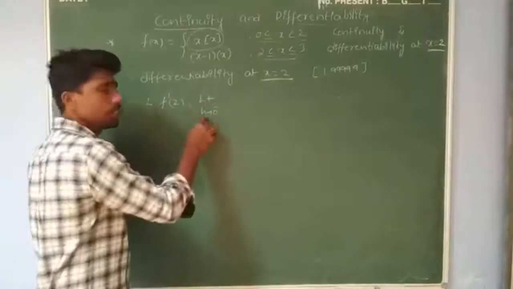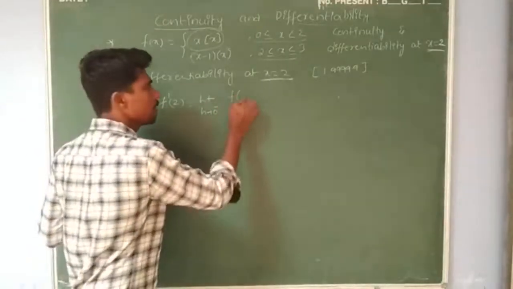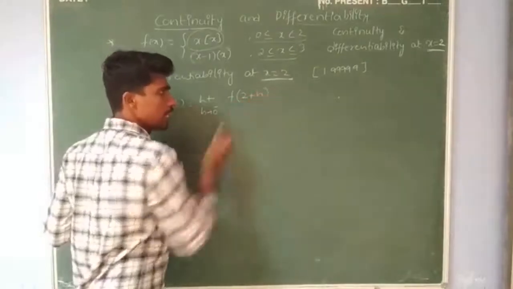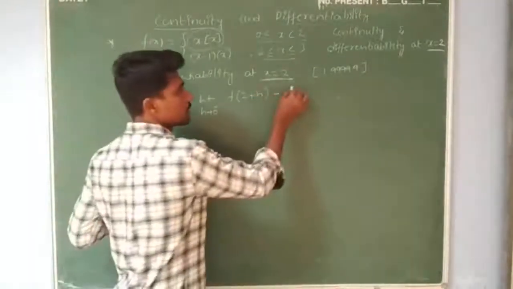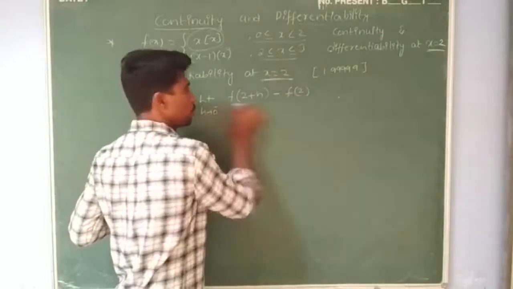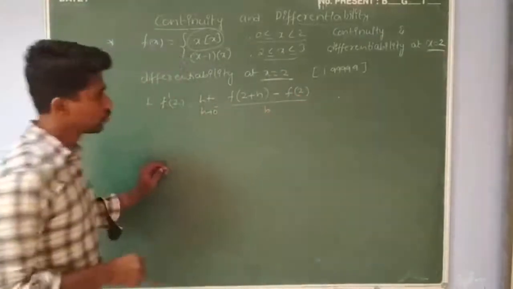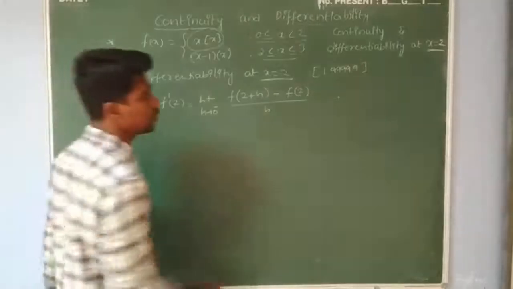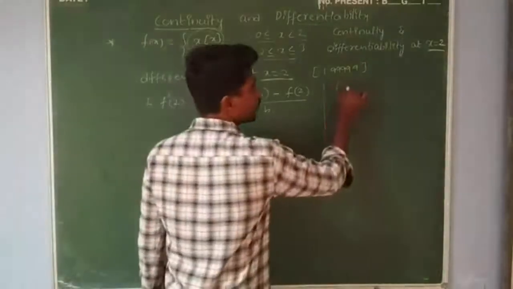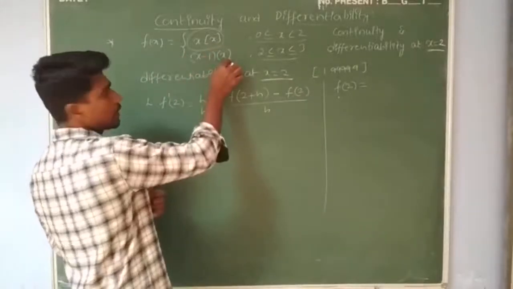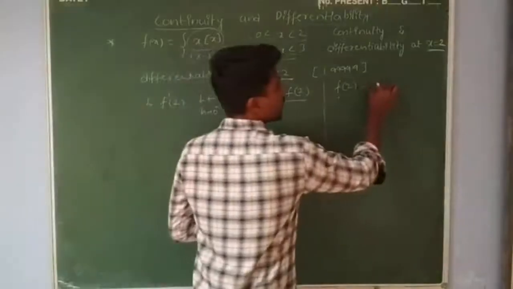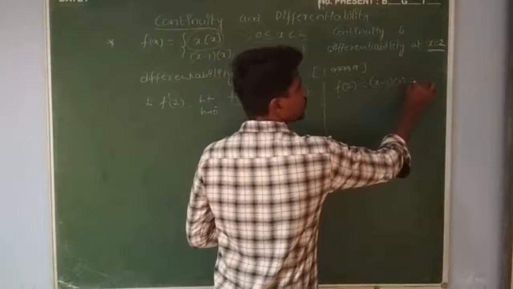So limit h tending to 0, f of 2 plus h minus f of 2 by h. To simplify this, we need to find f of 2 first. So already we have found f of 2. What is the f of 2 value? f of 2 is defined by the function x minus 1 into x, which is 1 into 2.